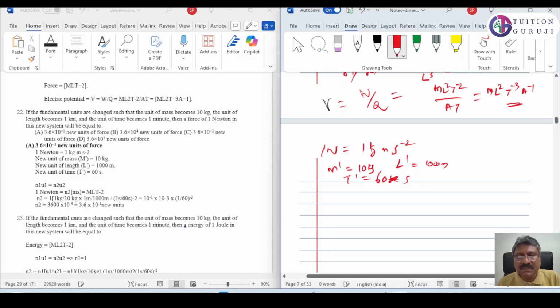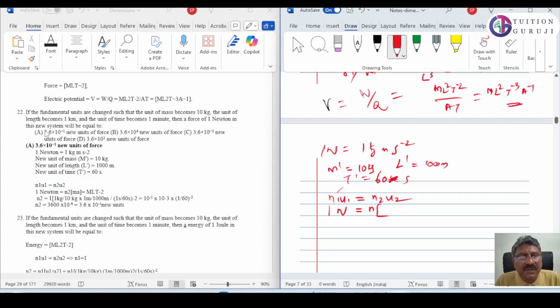In this case we know that n1 u1 is equal to n2 u2, for the two units. Here n1 is equal to 1, and the unit is Newton. So 1 Newton is equal to n2 into u2.